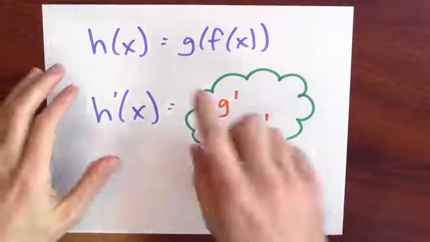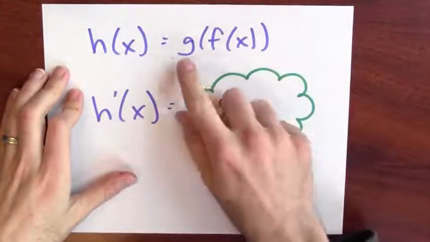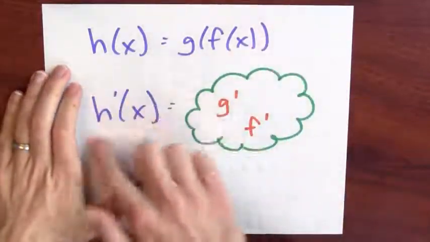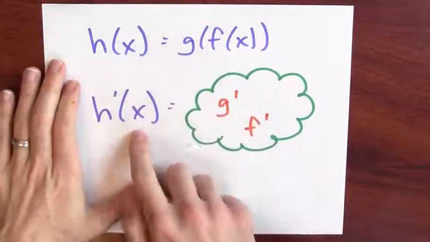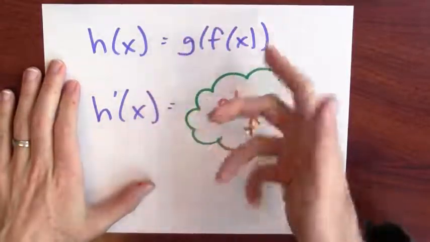We need some framework, some general picture that lets us understand how one thing changing affects something else, and how that thing's changing goes on to affect something else. Specifically, if I've got some function h, which is a composition of two functions, g of f of x in this case, I'd like to know something about the derivative of h. I want to know how changing x affects f, and then how changing f goes on to affect g.